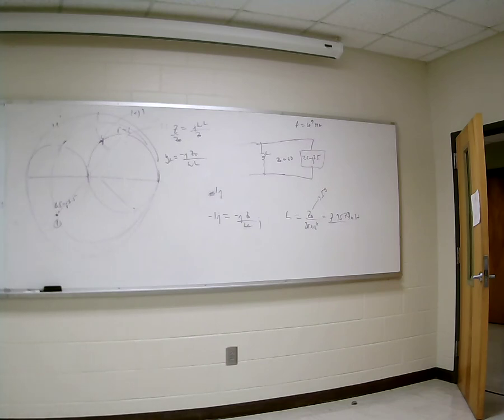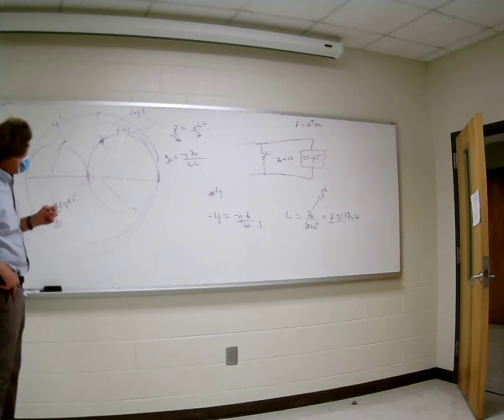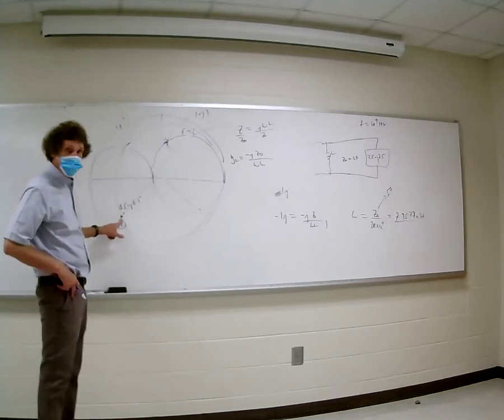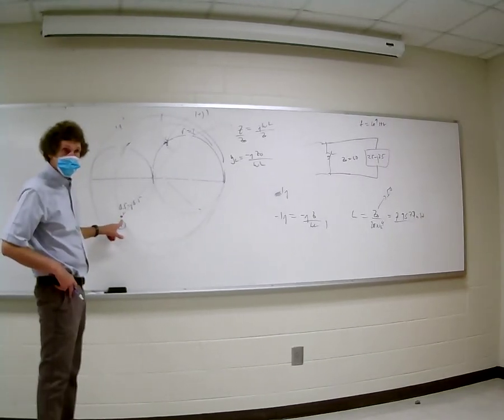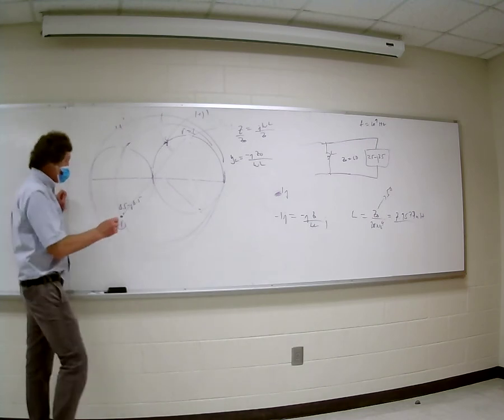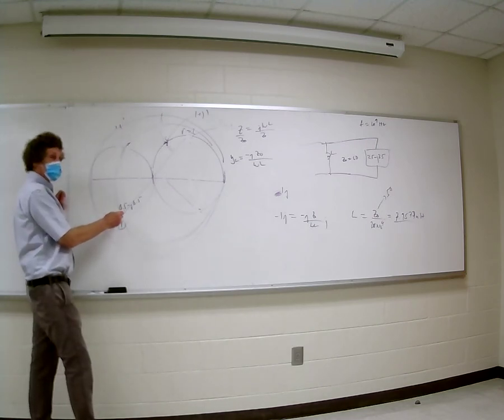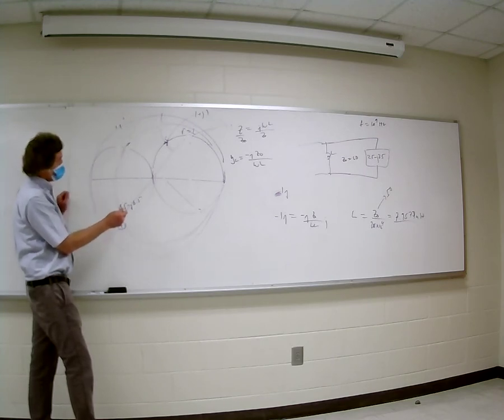Well, first of all, in the impedance domain, the normalized impedance is 0.5 minus J 0.5, right? Correct, class? Now listen, that's impedance right there. What's the admittance of this?